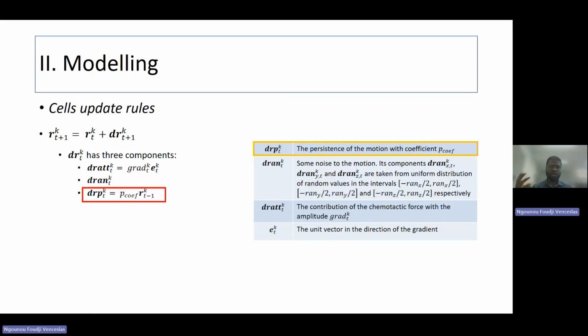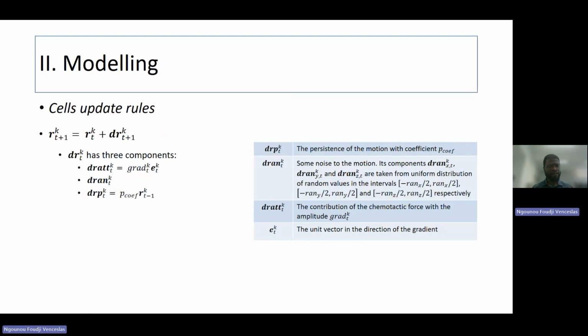Yes, cells are smarter than that. So this persistence of the motion is taken into consideration here by this coefficient. But yes, all these values can be fine-tuned in the model to better represent the observation.